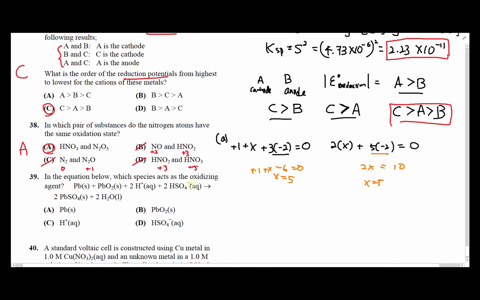Oxidizing agents technically are being reduced, and they help whatever molecule they interact with become oxidized. One easy way to tackle this problem is to find the oxidation number for each atom and see which one is being reduced, and that will be our answer.